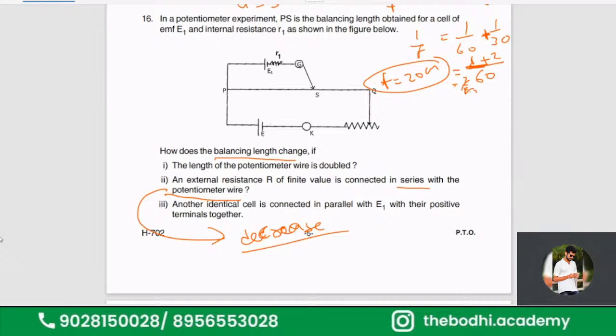It's because if you add an identical cell in parallel, it does not change the potential difference across the potentiometer wire. Right, the voltage will not change. Am I clear on this?